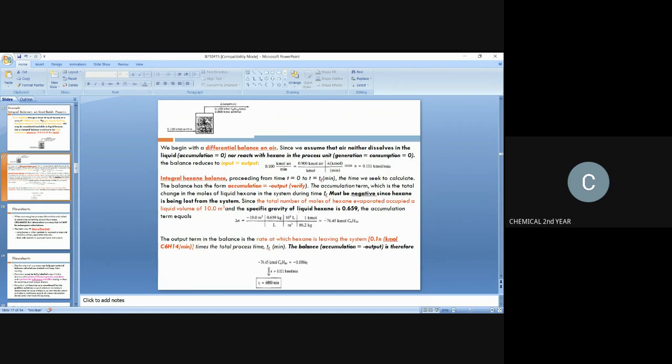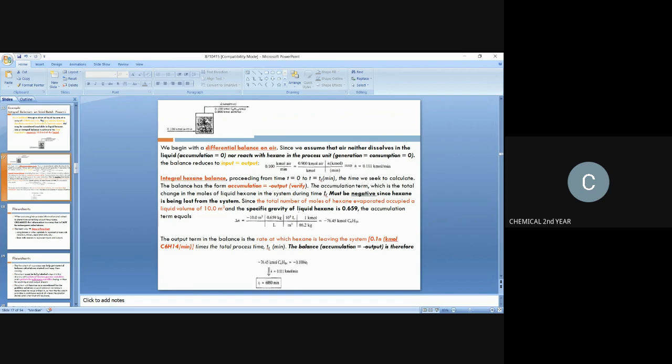Integral hexane balance. Proceeding from time t is equal to 0 to t is equal to t final, the time we seek to calculate. The balance has the form accumulation is equal to output.